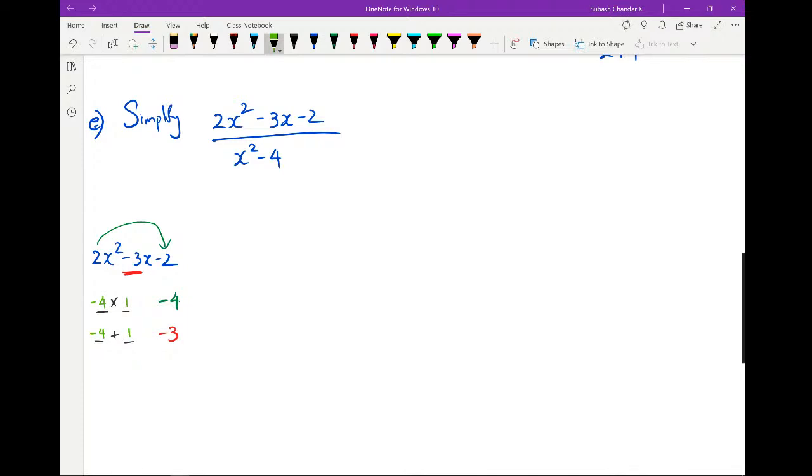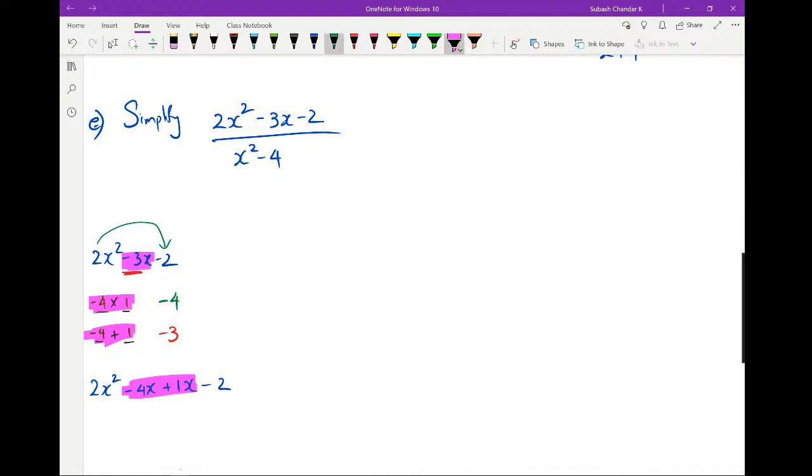The reason we get negative 4 and 1 is so that we can split the negative 3x as negative 4x plus 1x minus 2. So all I've done here is replace the minus 3x with minus 4x and 1x.